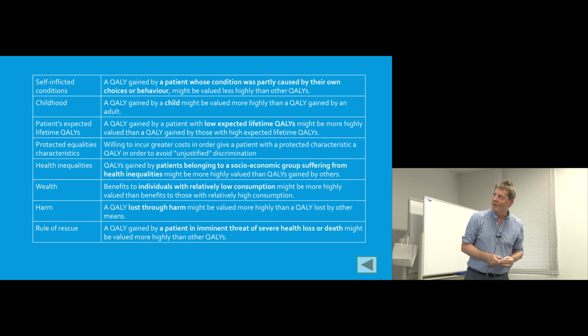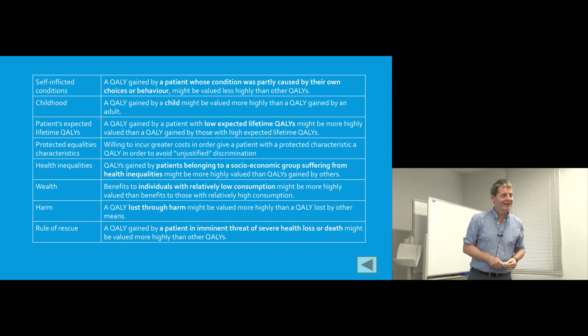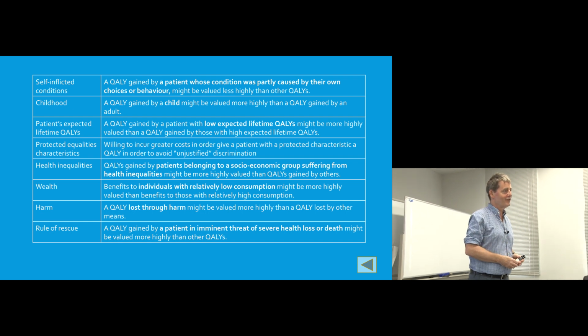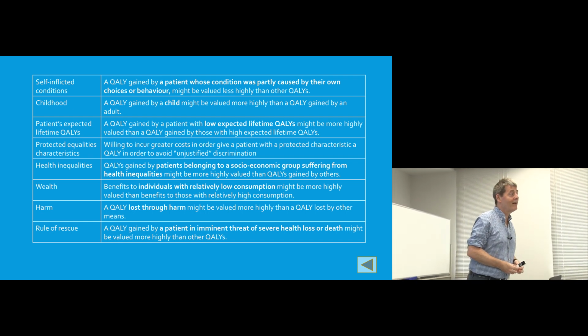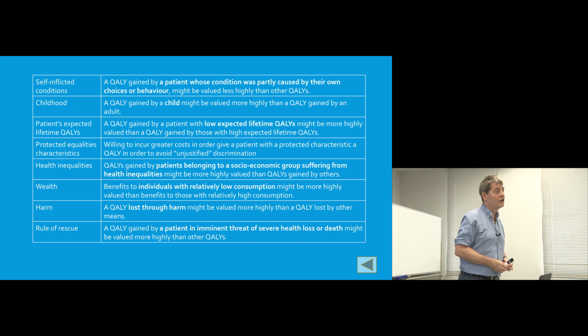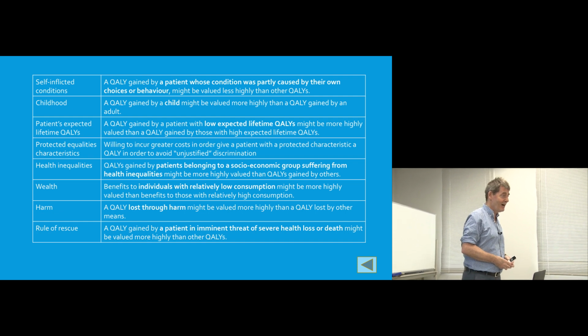Now, most governments have been very reluctant to go very far in this area of self-inflicted conditions, but increasingly in the health service we do see, for example, surgeons being more restrictive about which patients they'll prioritise for surgery. The argument is not that they're punishing the patient for their bad behaviour in the past.